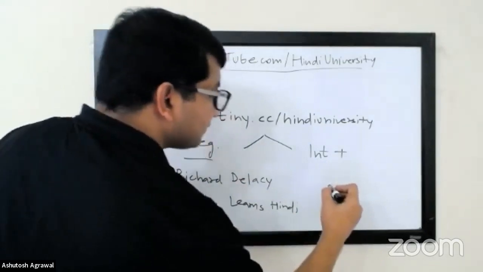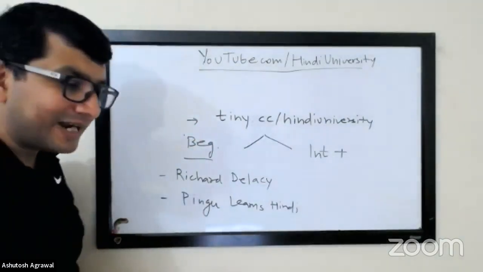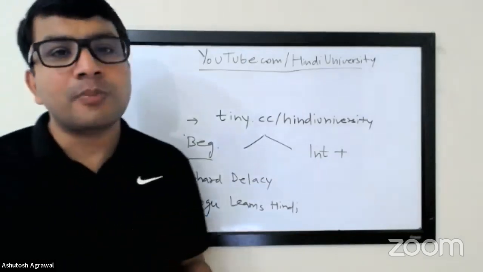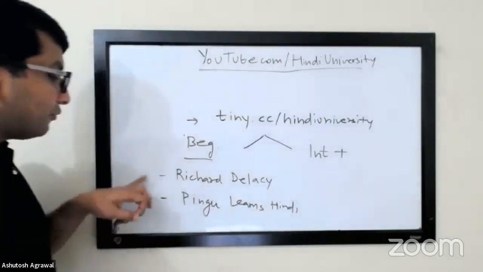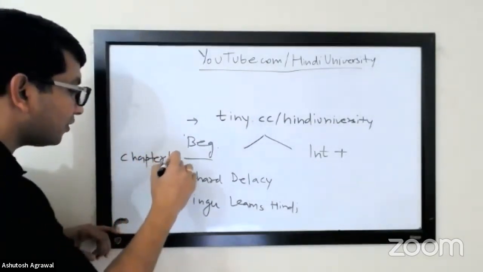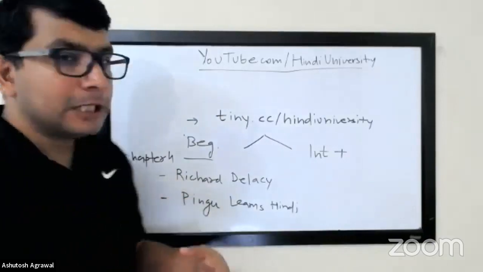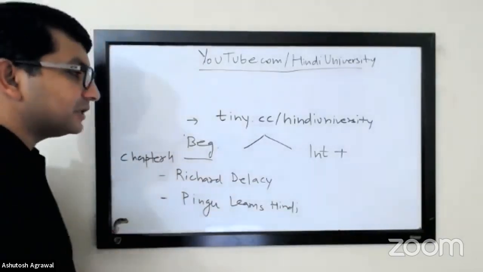For the intermediate plus, it's a collection of multiple resources, but the idea is to build on top of what we have done so far. Today, we'll be continuing chapter 4 from Professor Richard Delacy. Still very basic; the goal is to make sure everyone is coming along.